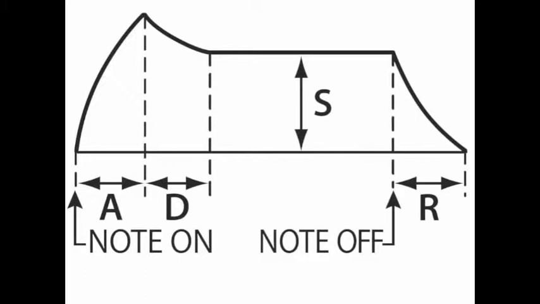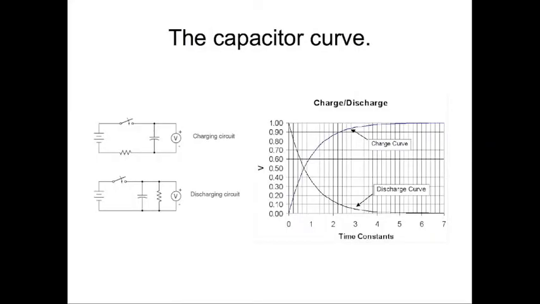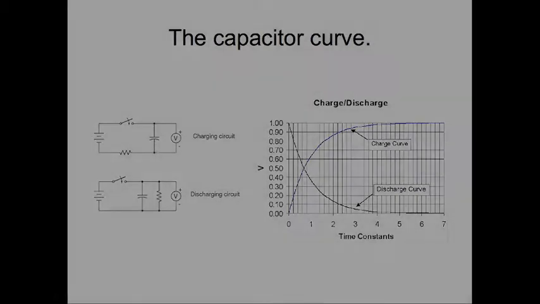Now this function of the capacitor had a little quirk that coloured everything it did. In this illustration we can see the behaviour of the capacitor as it is charged and discharged. For the rest of this documentary I will refer to this as the capacitor curve, and it affects a good many of the synthesizer's functions.